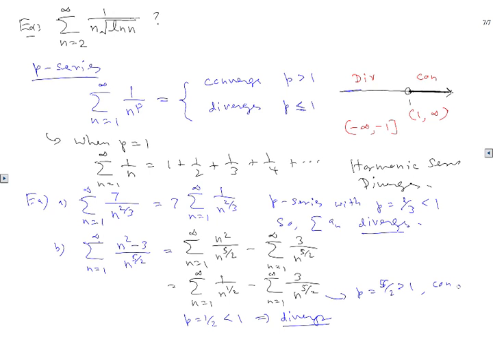If one diverges and one converges, the whole series diverges. So sigma n going from 1 to infinity of n squared minus 3 over n to the 5/2 diverges, because the convergent one has a finite answer, so the difference has to diverge.